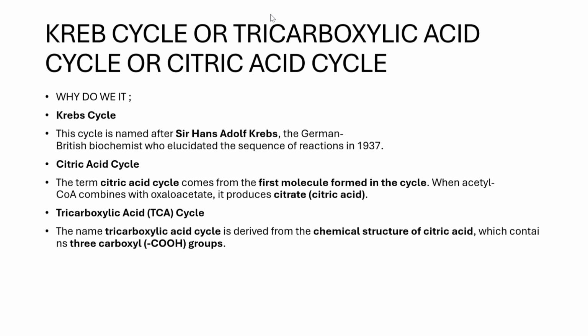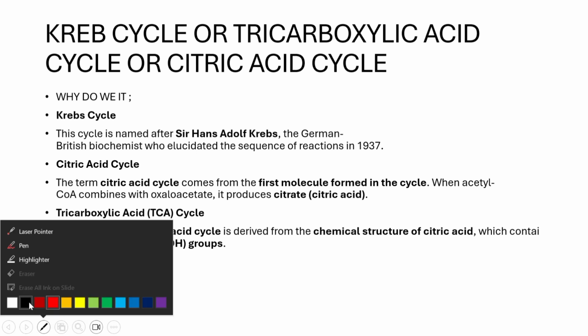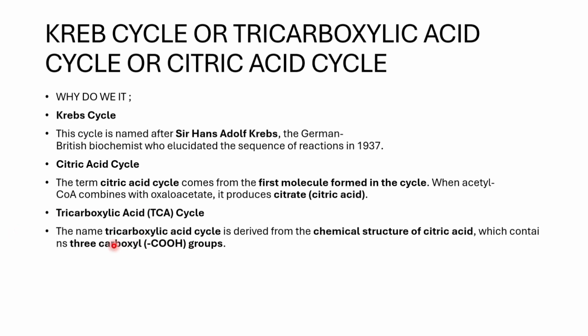And we also have the tricarboxylic acid cycle. We call it that because the chemical structure of citric acid contains three carboxyl groups. As you can see, it contains three carboxyl groups. That's why we call it the tricarboxylic acid cycle.